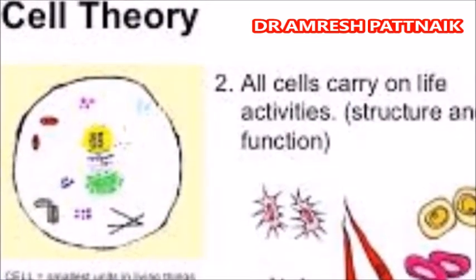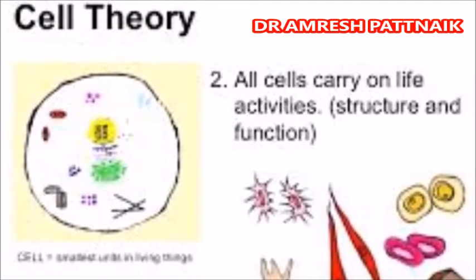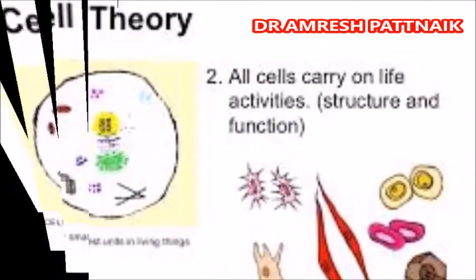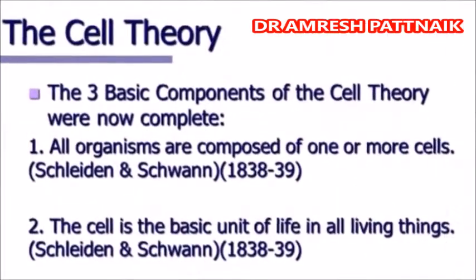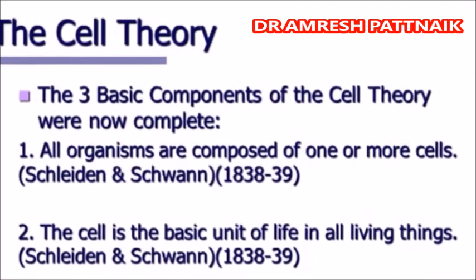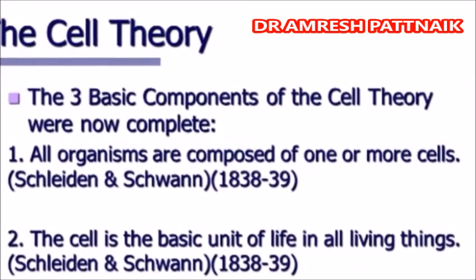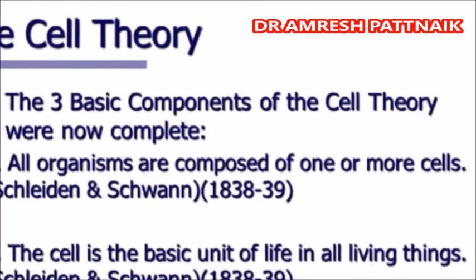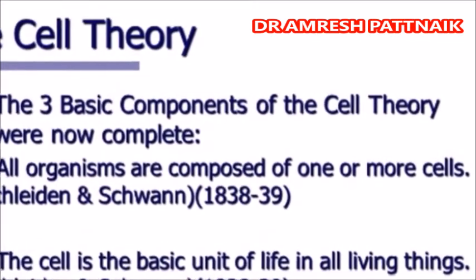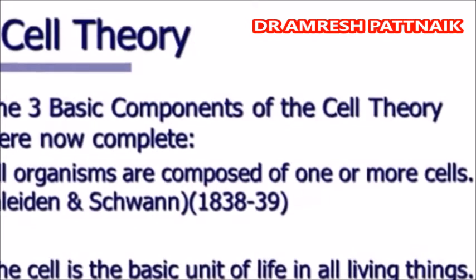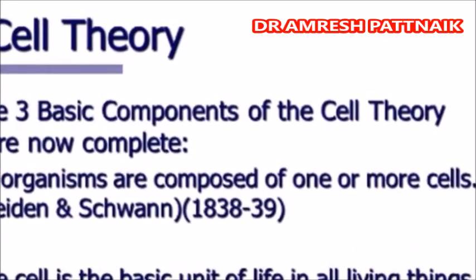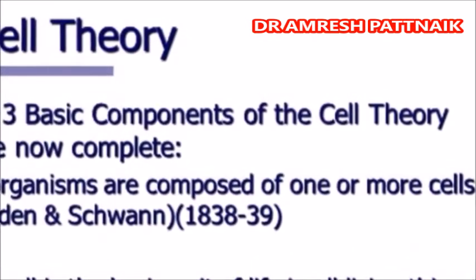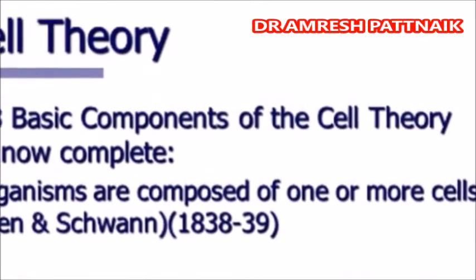All cells carry on life activities, so we can say the cell is the structural and functional unit of life. The cell theory has three components. All organisms are composed of one or more cells, that's Schleiden and Schwann, 1838-39. The cell is the basic unit of life in all living things. As per Purkinje, the living cell arises from pre-existing cells.